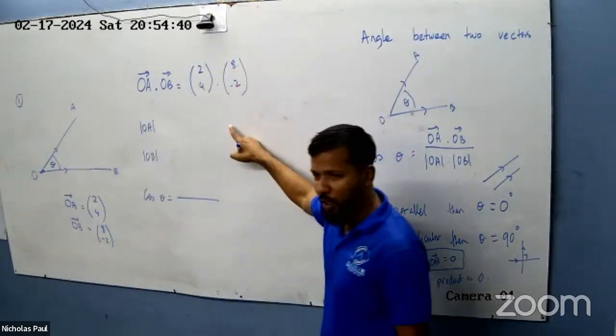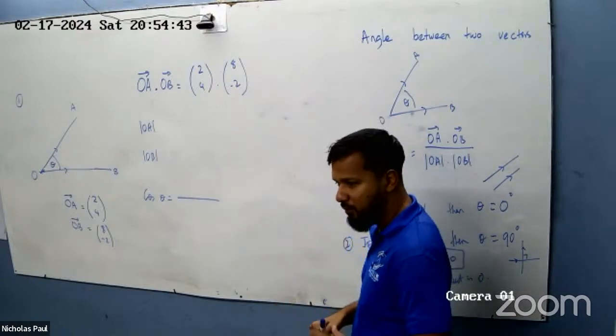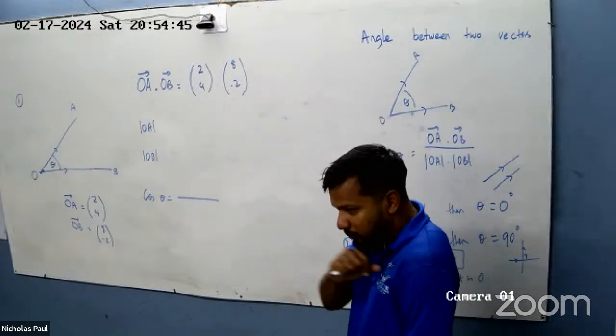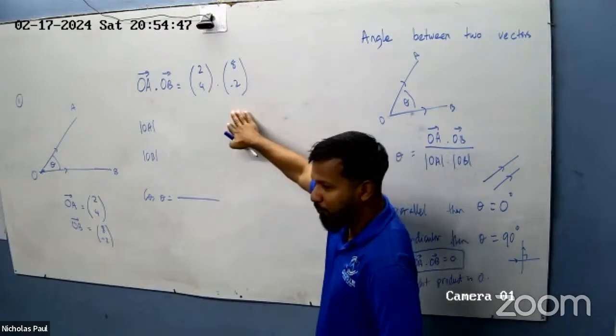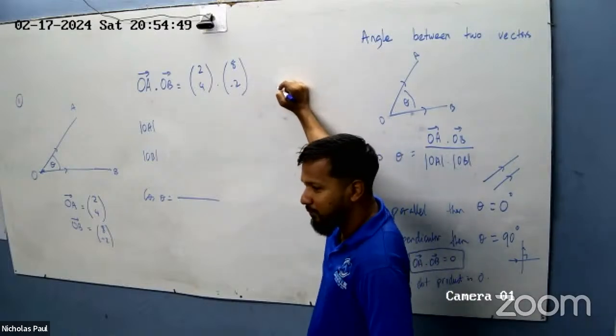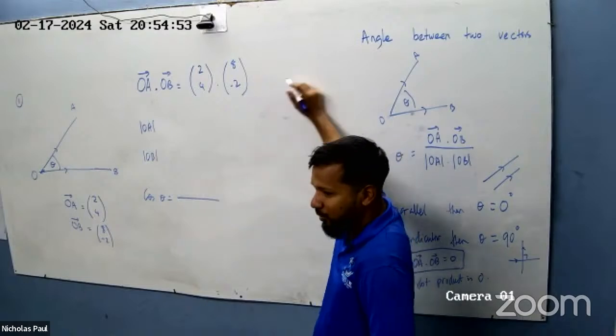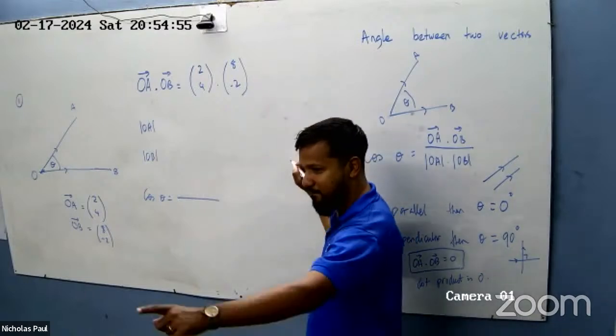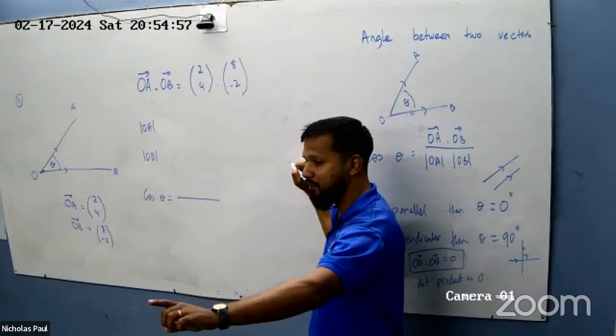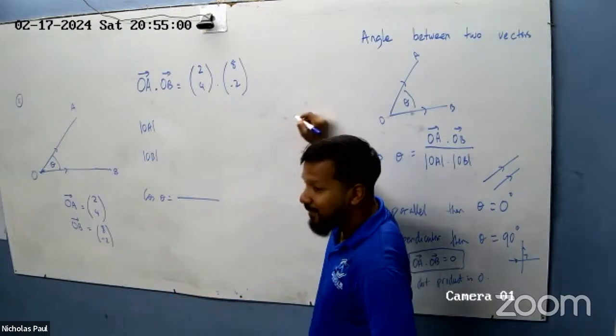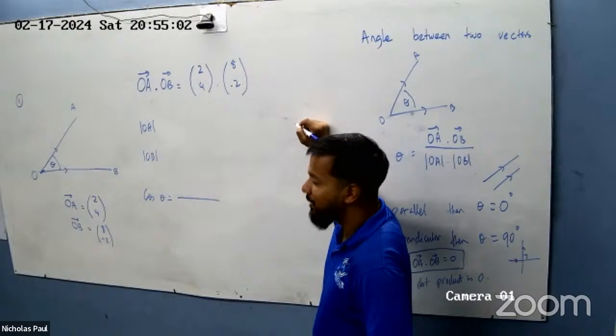How do you work out the dot product again? What do you do? Kai, help me out here.